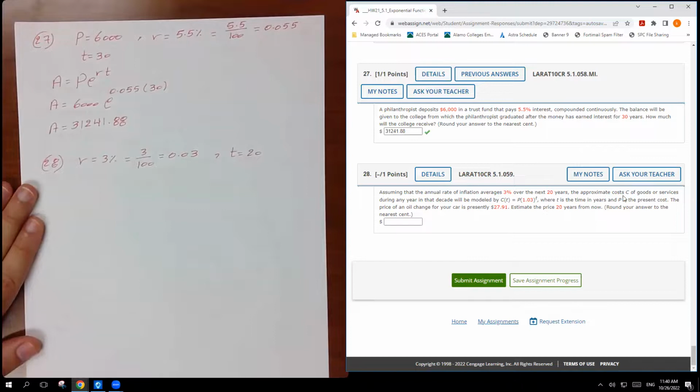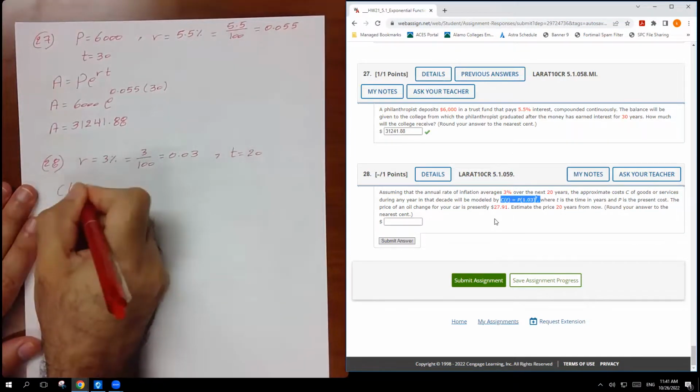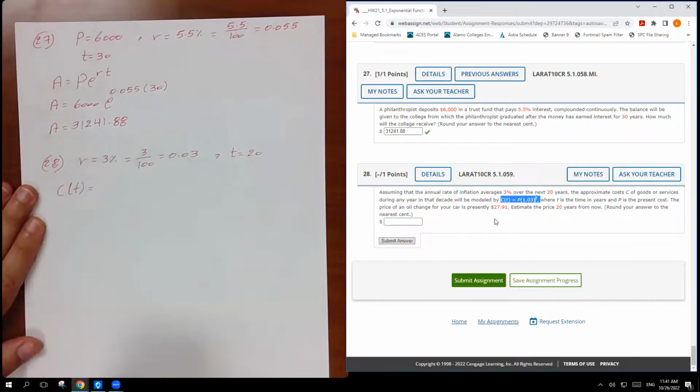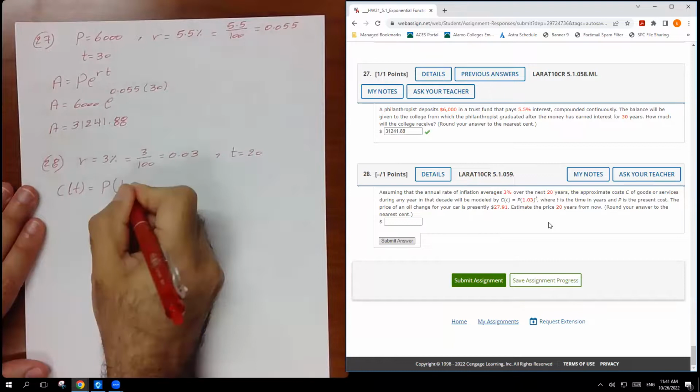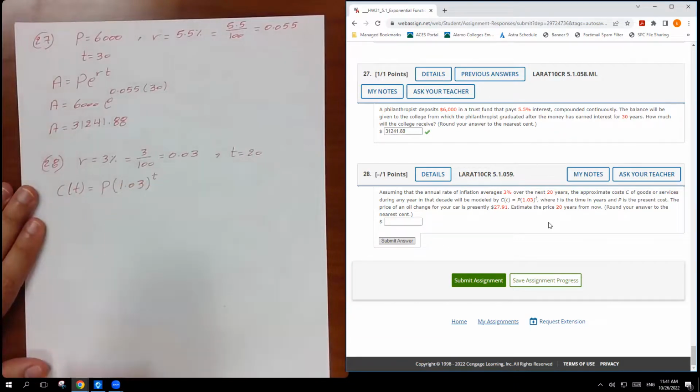The approximate cost C of goods or service during any year in the decade will be modeled by this function. They're telling you here is the function. The cost function with respect to time t is equal to P times 1.03 to the t, where t is the time and P is the present cost.